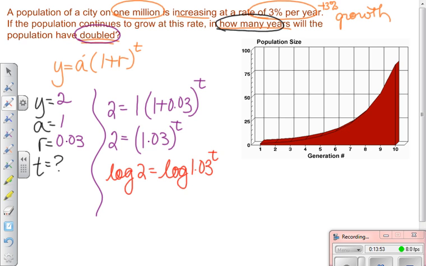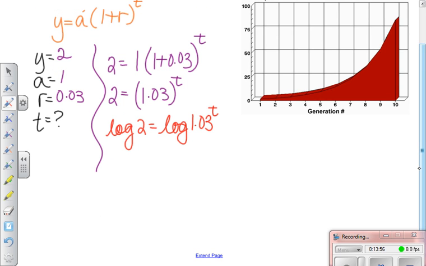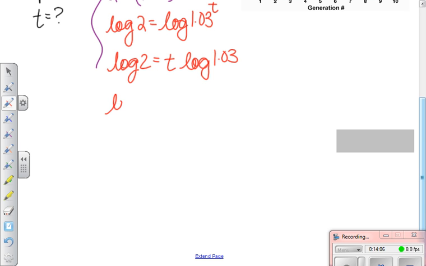Exponent rule goes into effect. That variable is going to come down as a coefficient. Divide both sides by the log of 1.03. That is the time.